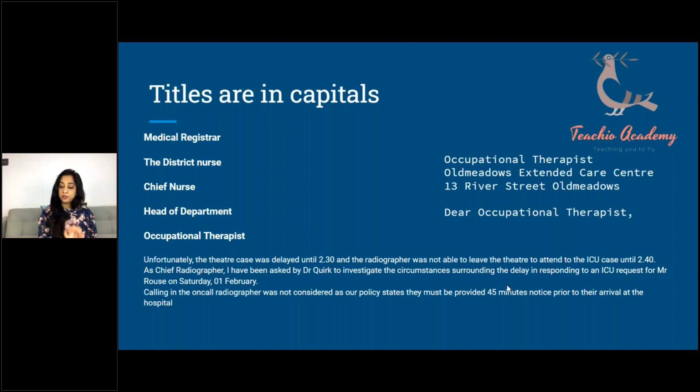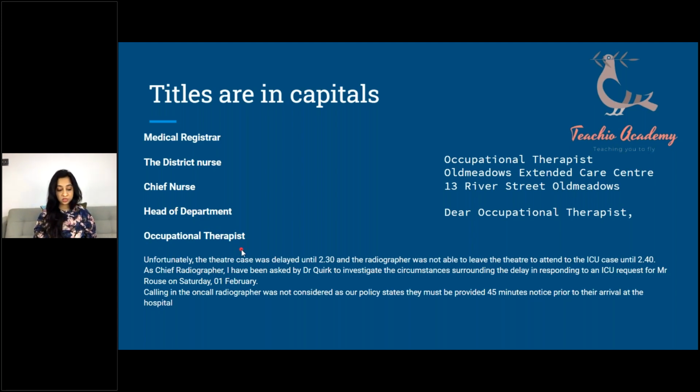So if you're writing Dear, whatever the title is, it's going to be in capitals. So Dear Medical Registrar, that's going to be M capital and R capital. Dear Chief Nurse, C capital, N capital. Dear Head of Department, that's going to be an H capital. The O doesn't need to be a capital, but the D is a capital here.